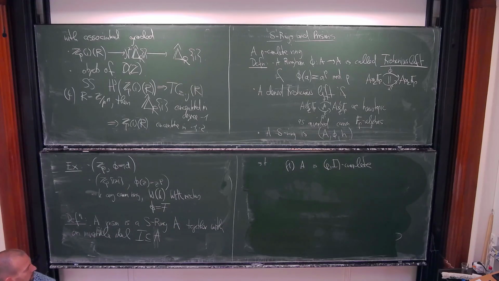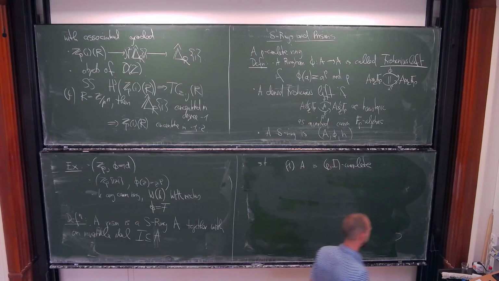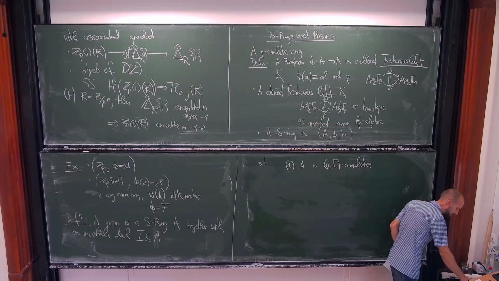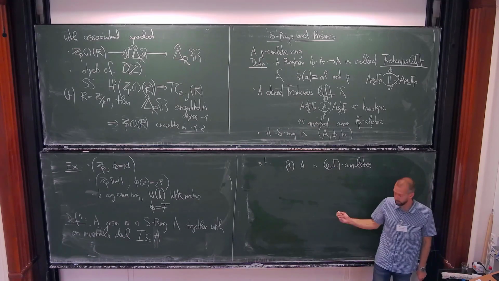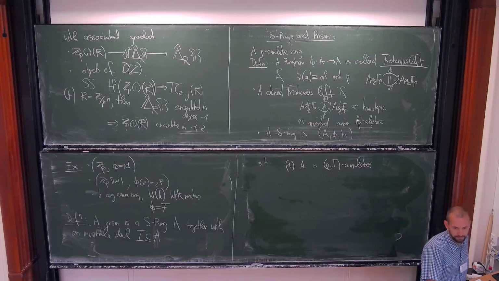And if you press me, what I want to do is assume that A mod I has bounded order of p-torsion, then the two notions will agree. In technical terms, I'm working with what is called a bounded prism, in which case A mod I has bounded order of p-torsion. But I'm sweeping this under the rug, so it's not incorrect what I'm saying because, as I say, classically complete implies derived complete.